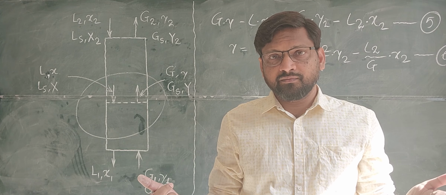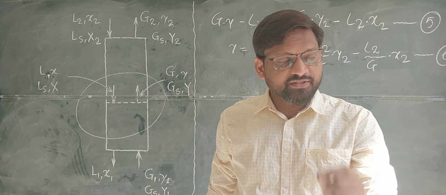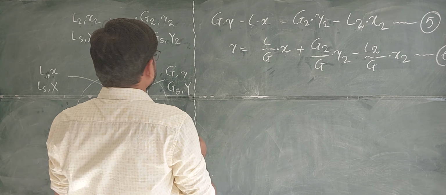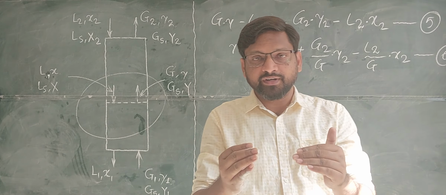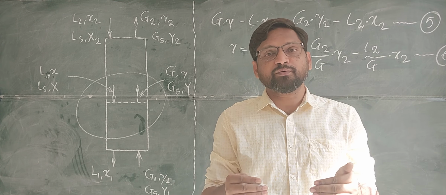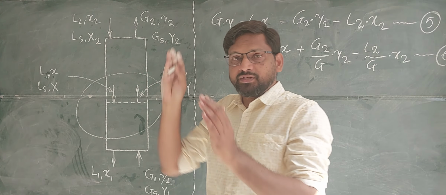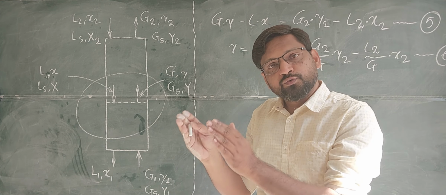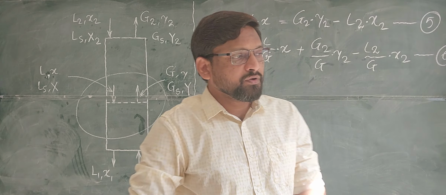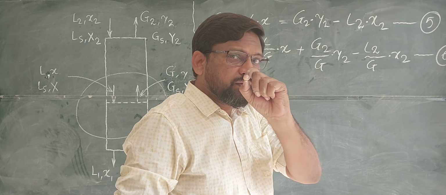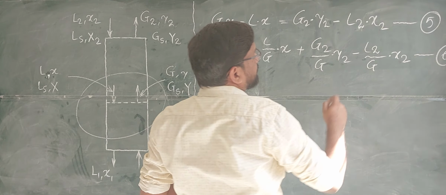It means that X2 is equal to 0. If the solvent introduced at the top of the column is free of solute, X2 is equal to 0. Therefore, how will it affect this equation?